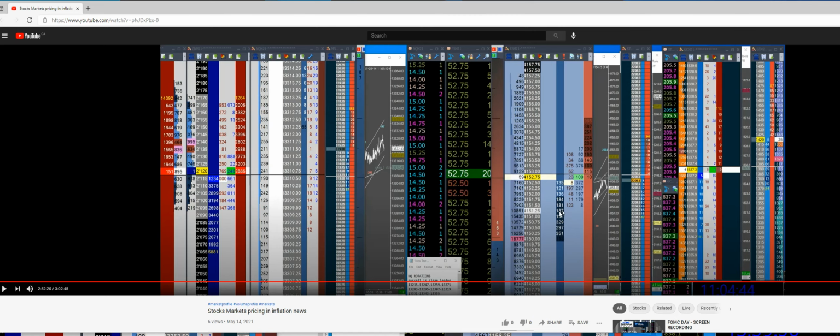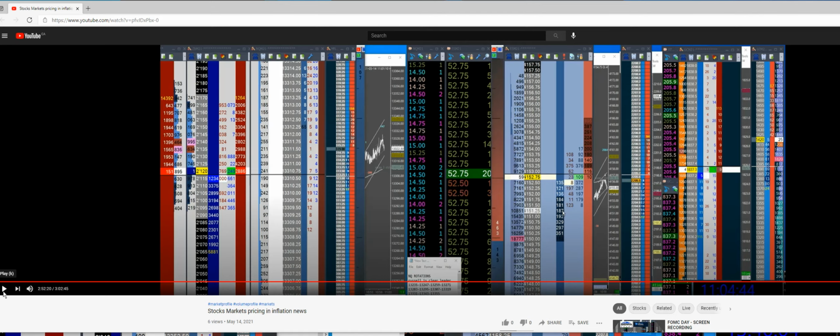Basically, I'm trying to enter long because mostly the market's been moving higher. It's been a contextual day where the bonds are range bound, the euro is range bound, and gold is pretty much range bound. If you look at the whole day, mostly every dip has been bought by the buyers, and it's been that kind of easy upthrust day.